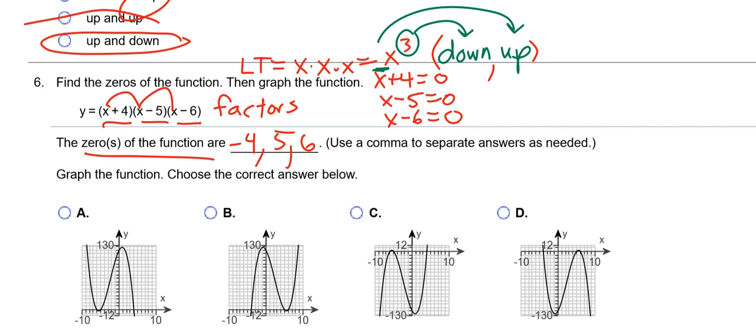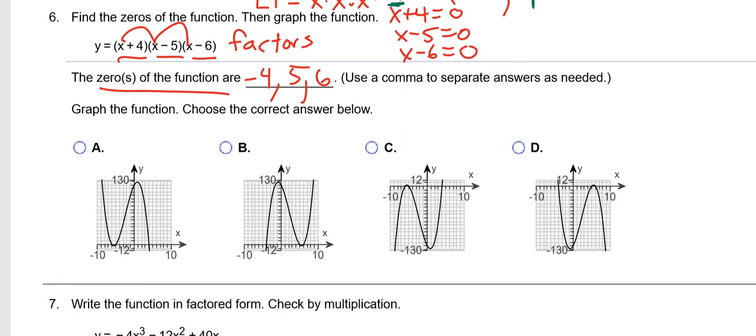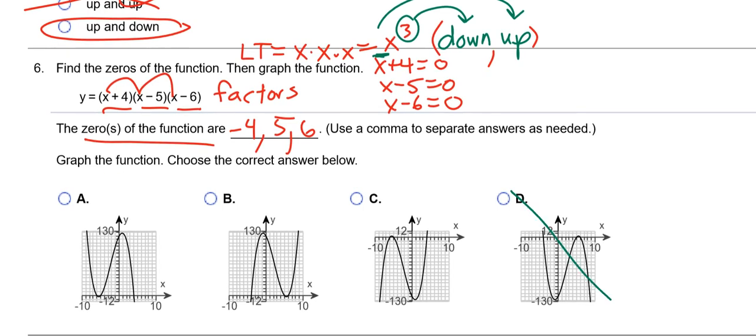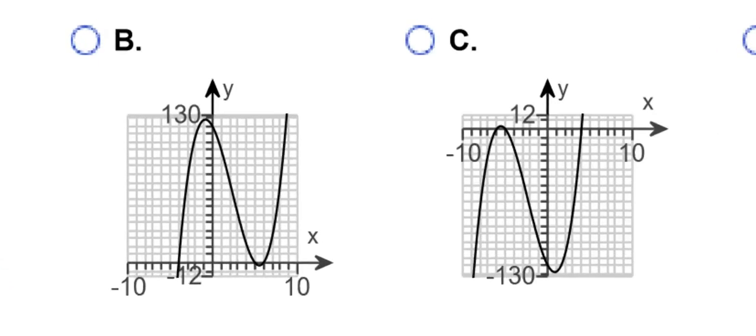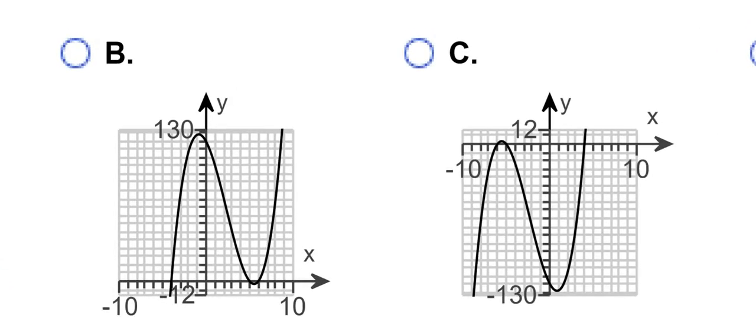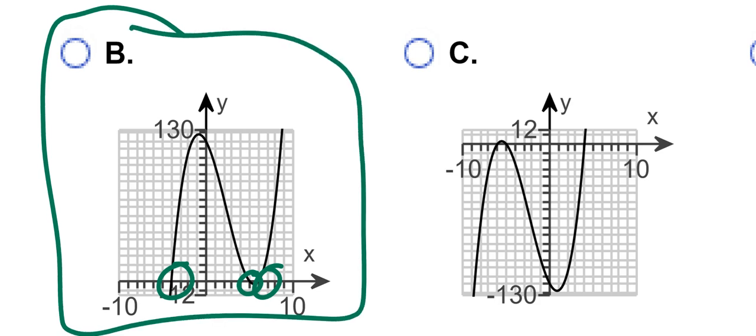A and B. So I should see on your paper, when you're taking a test like this, I should see you cross off those two because they have the wrong end behavior. We're really choosing between B and C. Those are the only ones that have down on the left and up on the right. So I've got somebody over here voting for B. Is that true? You would be correct because negative 4, 5, and 6 are the three zeros of that. So, good answer.